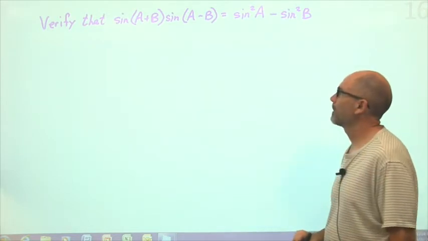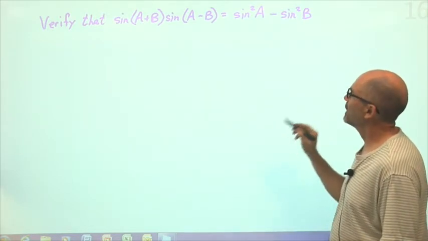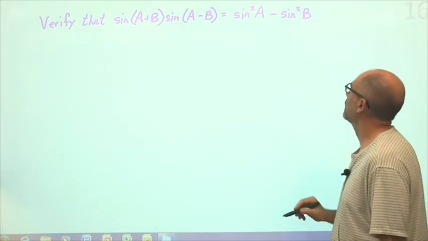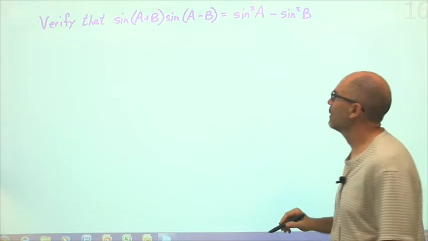One more. We want to verify that sine of A plus B times sine of A minus B equals sine squared A minus sine squared B. Okay, so let's check that out.